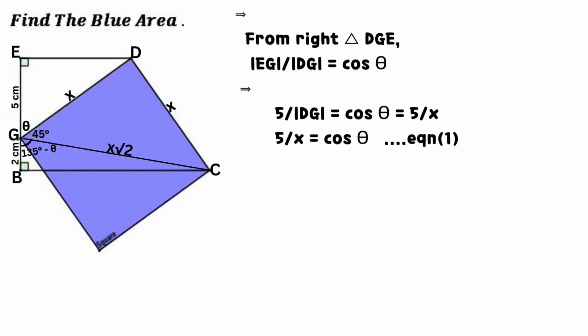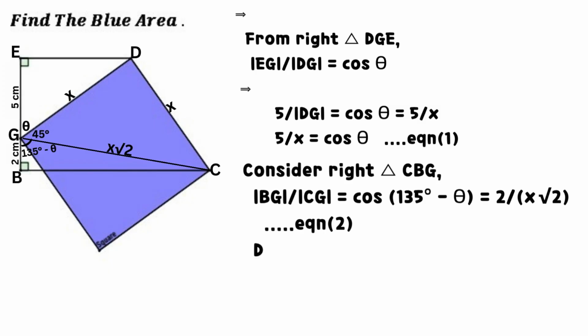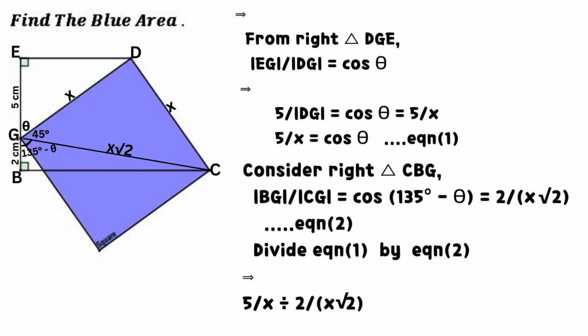We call it equation 1. Consider right triangle CBG. Line BG divided by line CG equals cosine of 135 degrees minus theta, which equals 2 divided by x times the square root of 2. We call it equation 2.